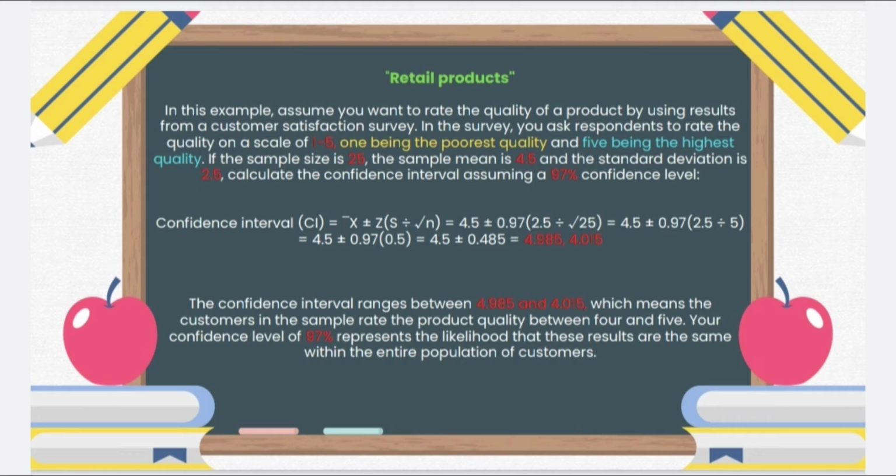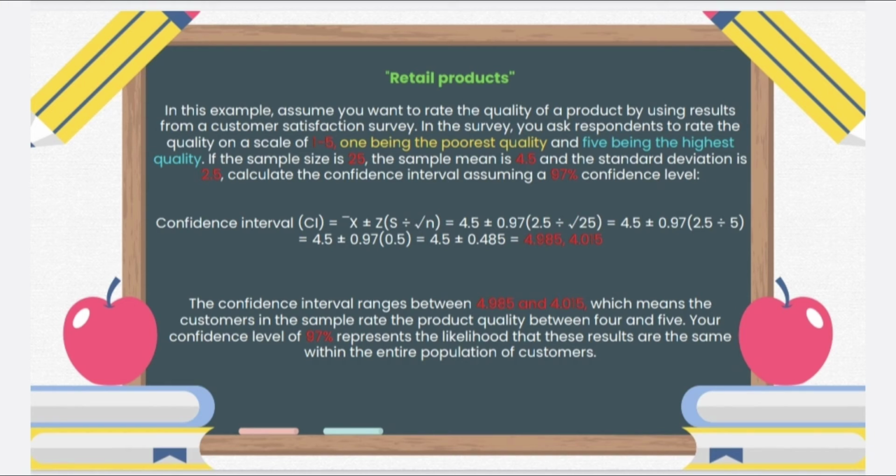So isa-substitute natin yung mga given values, which is the sample mean is 4.5 plus or minus 0.97, which is gi-convert natin yung 97% into decimal number, times 2.5, which is the standard deviation, over square root of 25, the sample size.